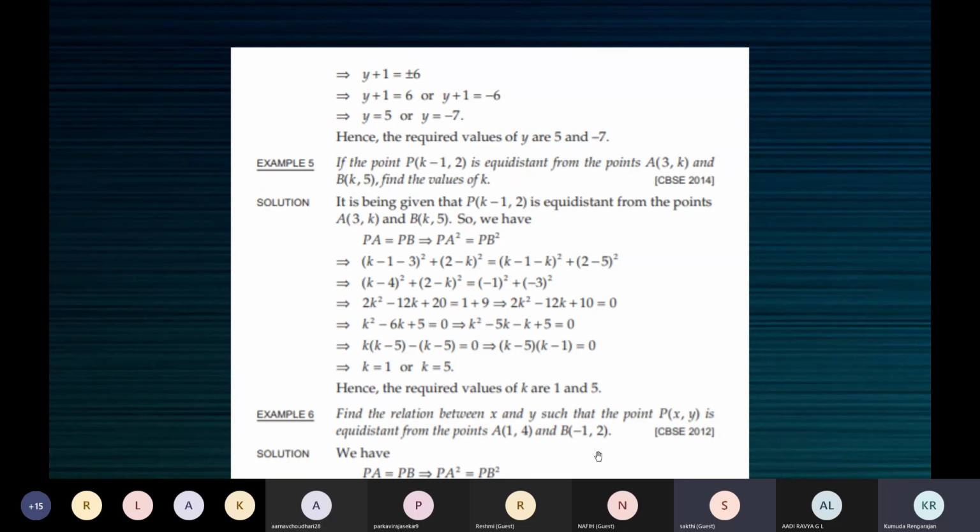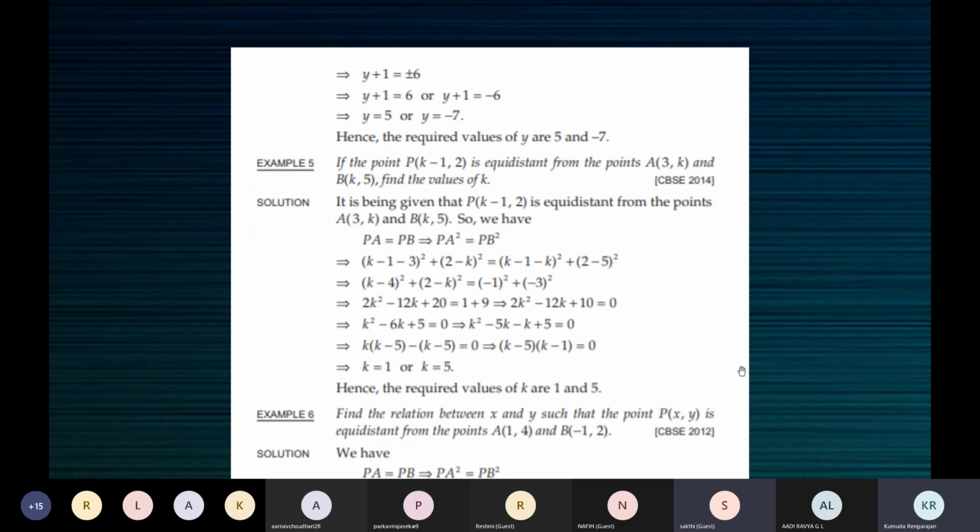Now tell me PB square. It is x plus 1 the whole square, then y minus 2 the whole square. Yeah, connecting sign. It is x2 minus x1 the whole square, plus y2 minus y1 the whole square.